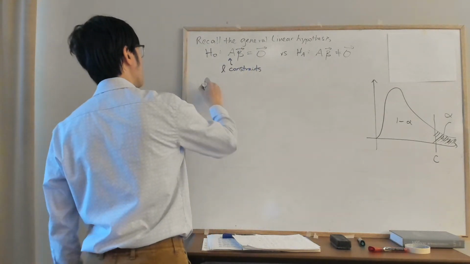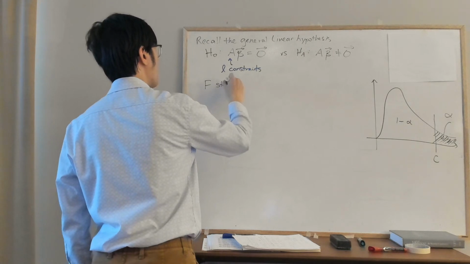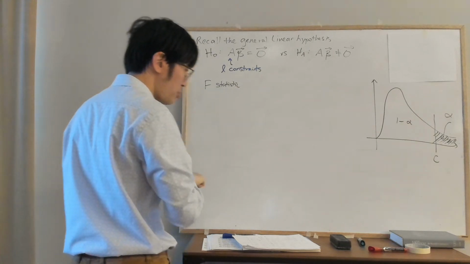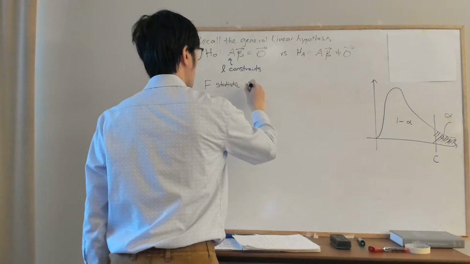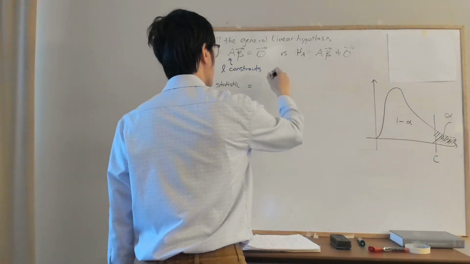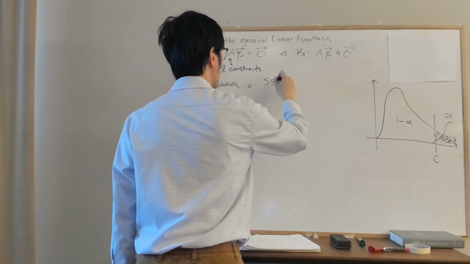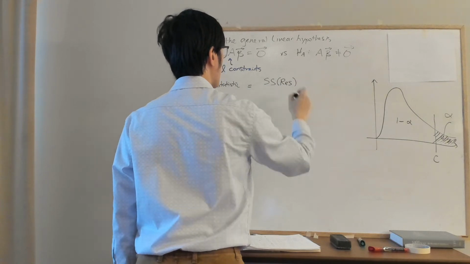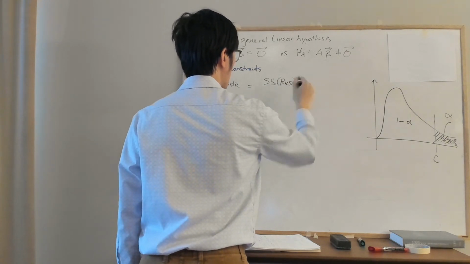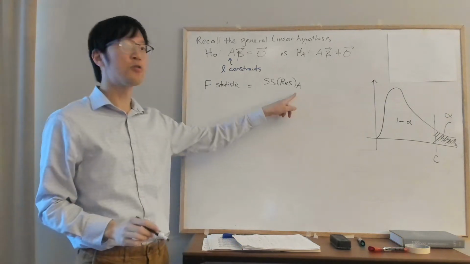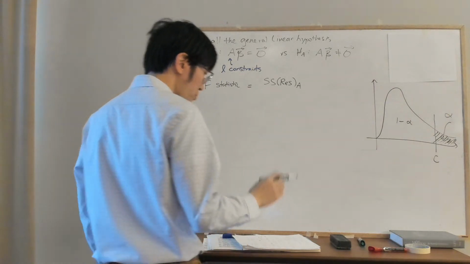And then we also had the F statistic for this hypothesis. Let me just review that. We have the sum of squares residual based on fitting the model with the constraint, so I put subscript A here.